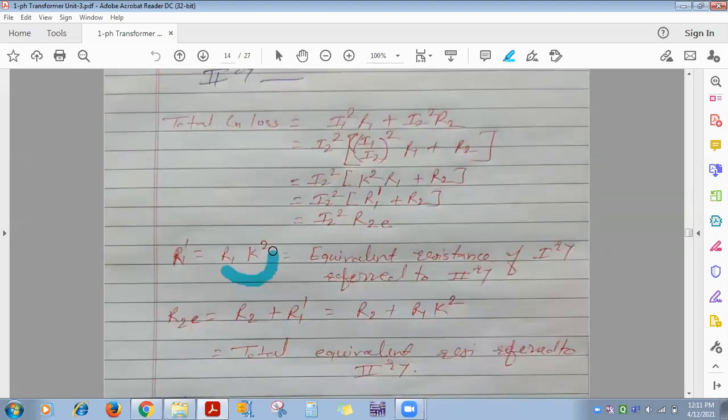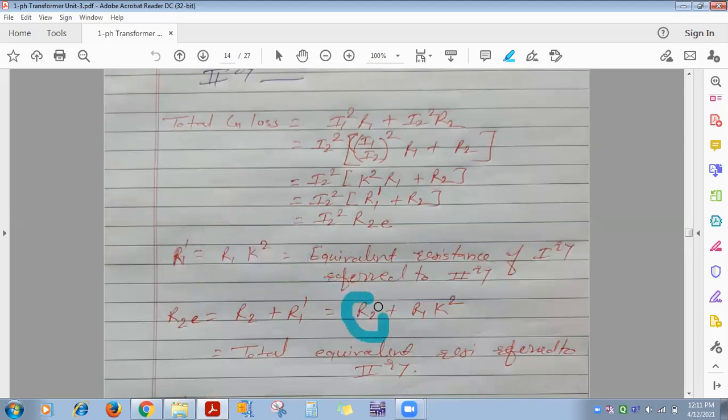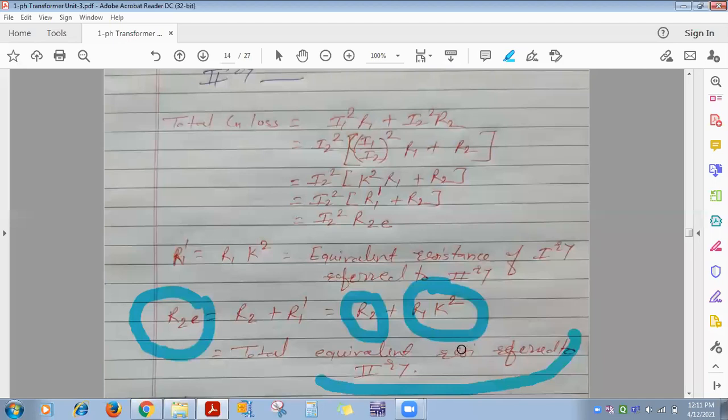R1 into K square means you have transferred resistance R1 from primary to secondary, so it becomes R1 dash, the equivalent resistance of primary referred to secondary. On secondary R2 is already there, so R2 and R1 dash give the total equivalent resistance of the transformer referred to secondary, with suffix R2E.